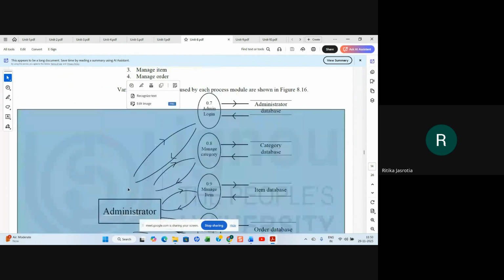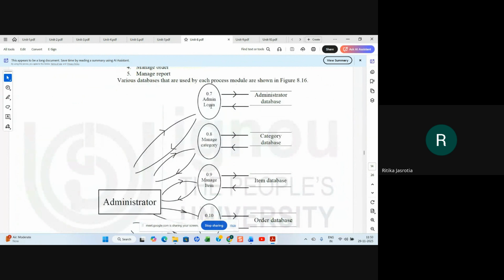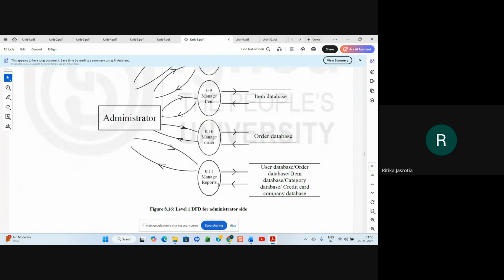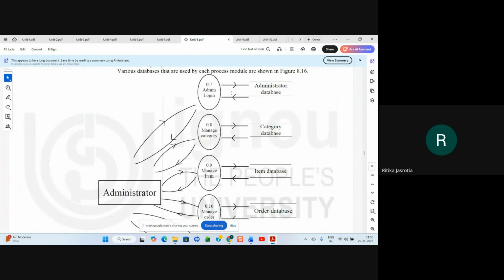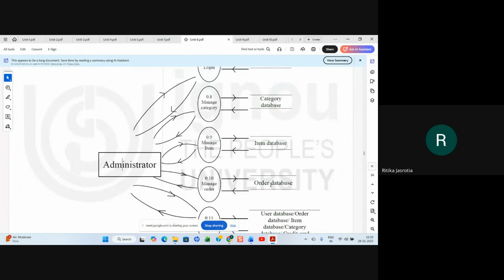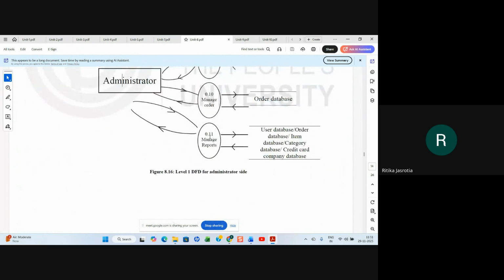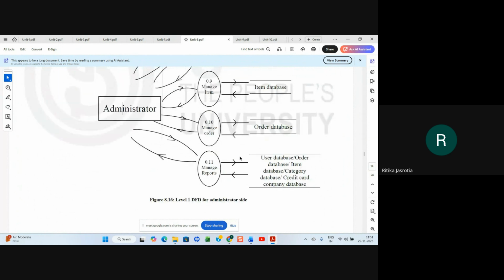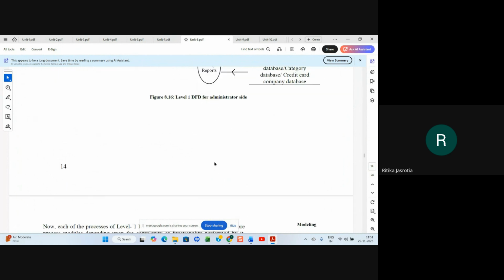Admin login will have the administrator database connected, then manage category, category database, item database, order database, and reports. All the databases will give you the reports.